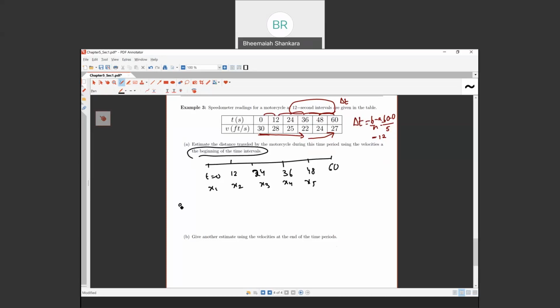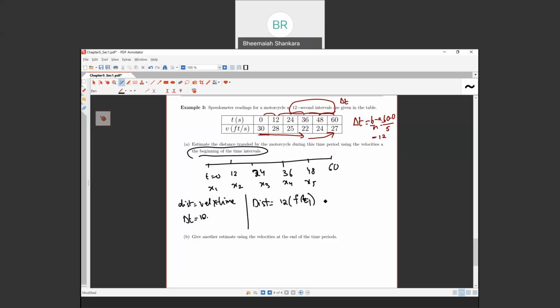We know the formula for distance. Distance is velocity times the time. And we know that delta t in this problem is 12. So the distance will be 12 times f of x1 value, f of x1, or you can call it as f of t1 here.